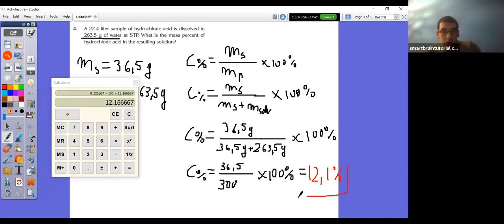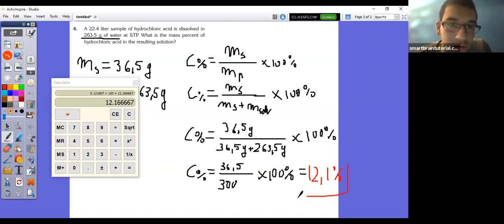This is the percentage concentration when we dissolve 22.4 liters of hydrochloric acid in 263.5 grams of water at STP. STP means standard temperature and pressure.